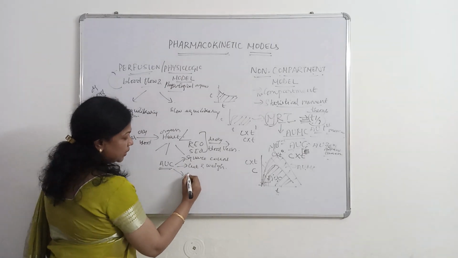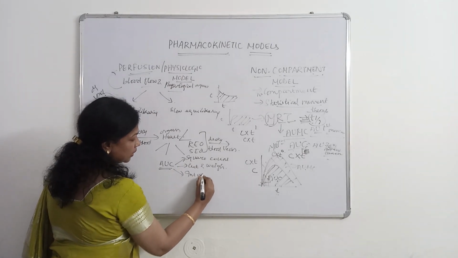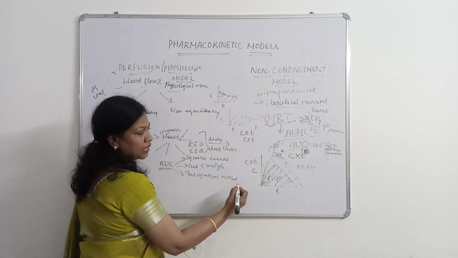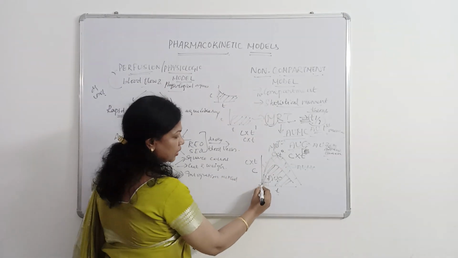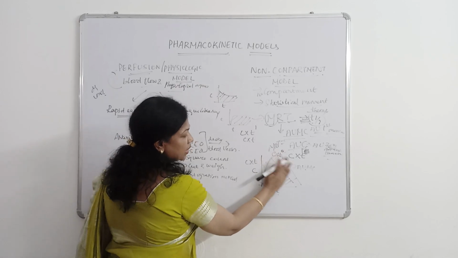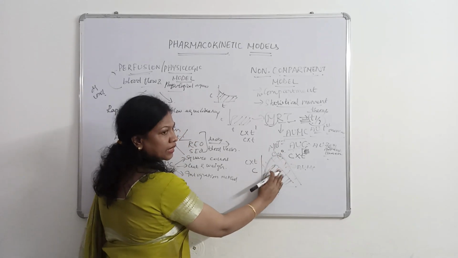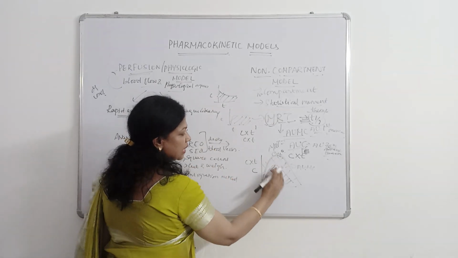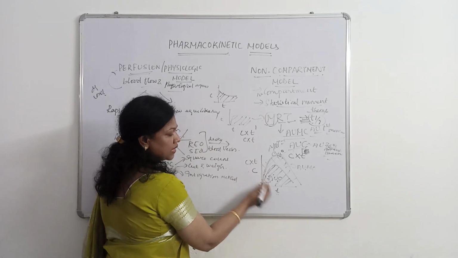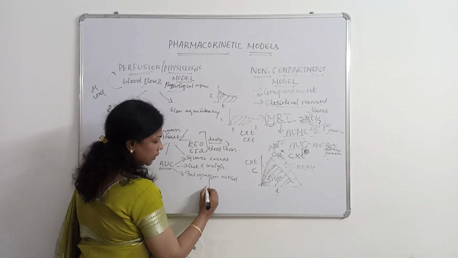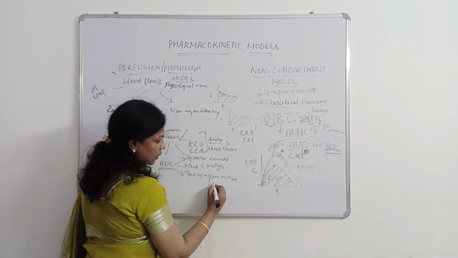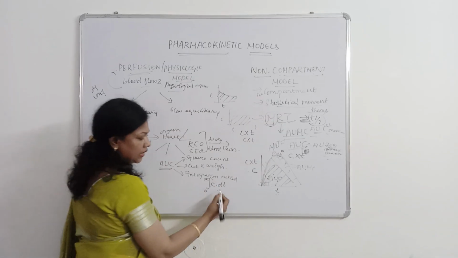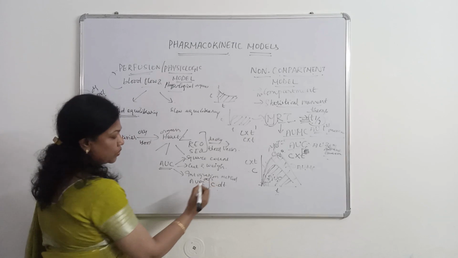Another method is the integration method. Why do we use the integration method to determine AUC? Because this area is the integrated area. Integrated means sum, the addition of these areas when plotted between C and T. So in the integration method, integration of C dt from 0 to infinity will give you the AUC.